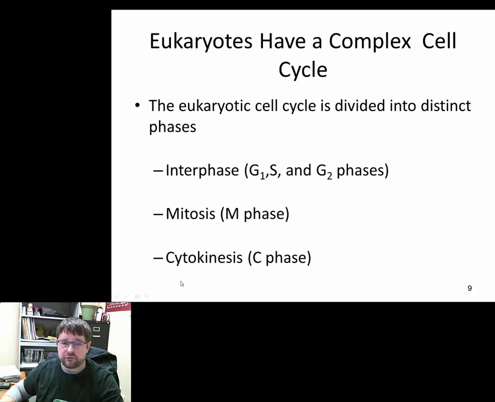These two pieces are the most integral parts of cell division. Now, you could argue that it's not going to occur if you can't copy your DNA, so S has to be applied too. So in overarching terms, interphase, mitosis, and cytokinesis are the cell cycle, and when we talk about cellular division, they all have to have occurred.